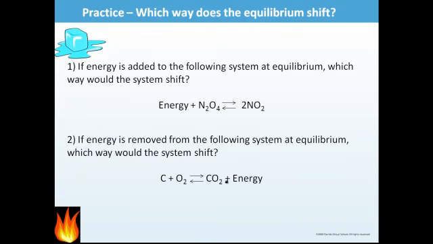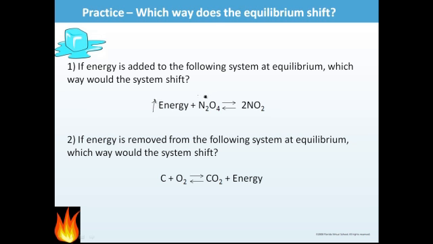All right, so again, let's look at a couple examples. In the first one here, we have an endothermic reaction where we got dinitrogen tetraoxide changing into nitrogen dioxide. If energy is added to the system, which way will it shift? So again, we're adding energy, so we're increasing the energy.